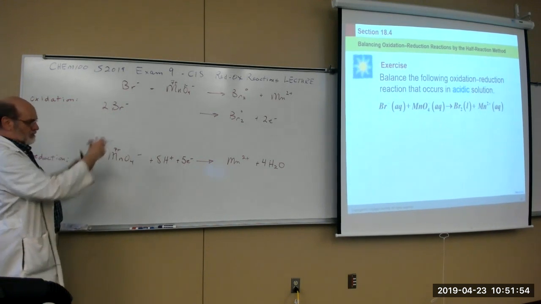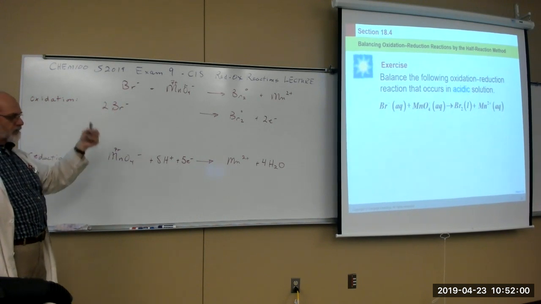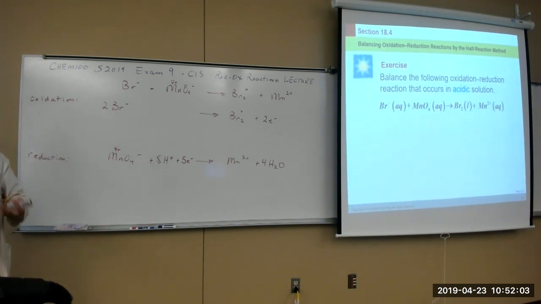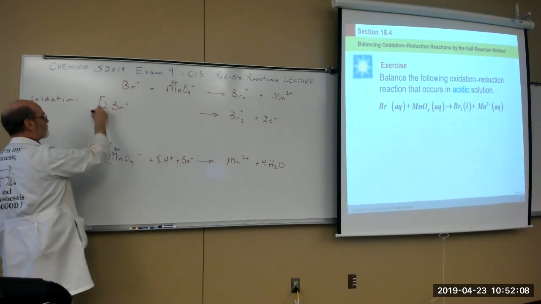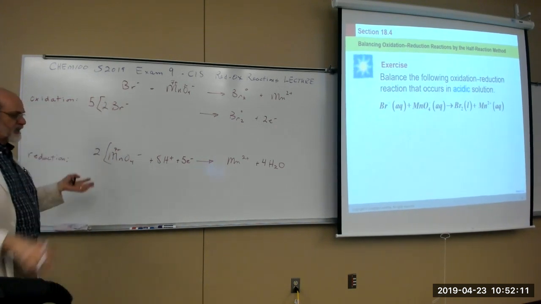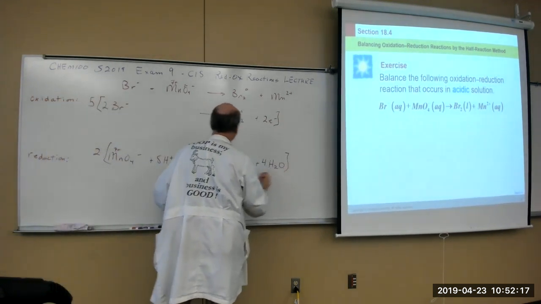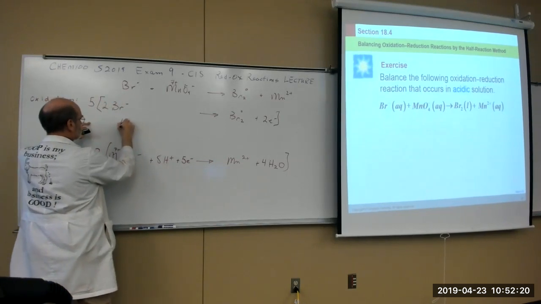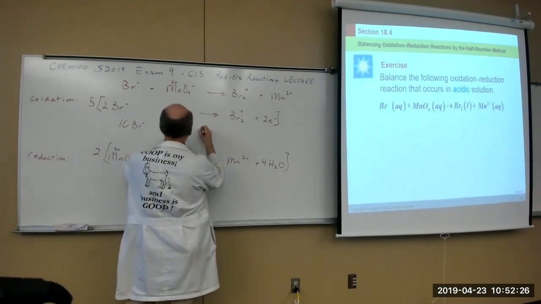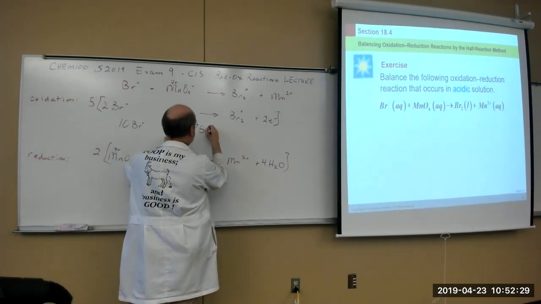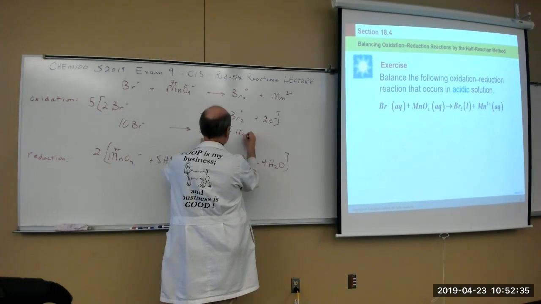Now we need to match up our electrons. So we've got an even and an odd. That usually means cross multiply. So if we take 2 times this one and 5 times that one, we should end up with 10 electrons in each equation. So this one will give us 10 bromide ions yields 5 here and 10 here.